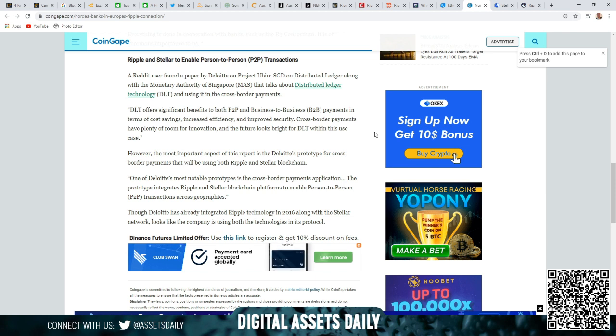One of Deloitte's most notable prototypes is the cross-border payment system or application, and the prototype integrates Ripple and Stellar blockchain platforms to enable person-to-person P2P transactions across geographies. Though Deloitte has already integrated Ripple's technology in 2016 along with the Stellar network, it looks like the company is using both technologies in its protocol.